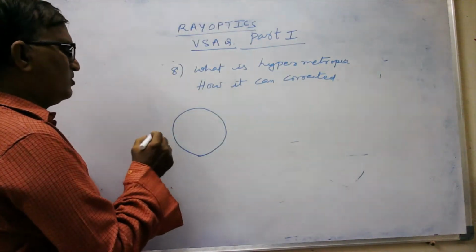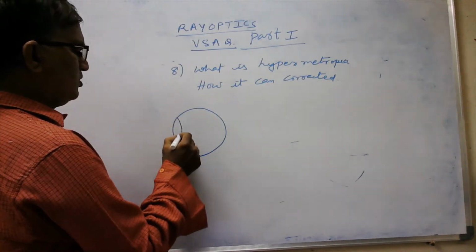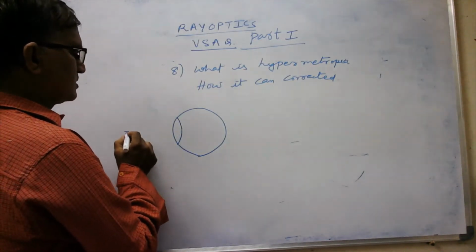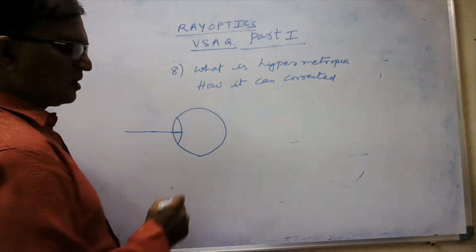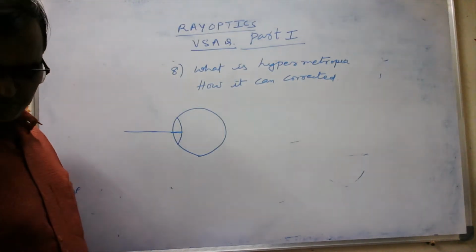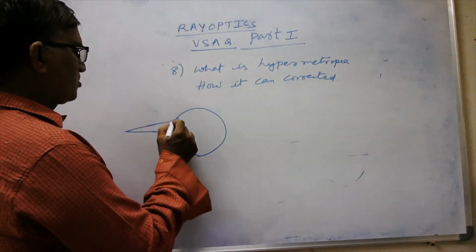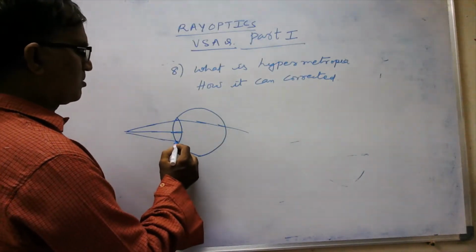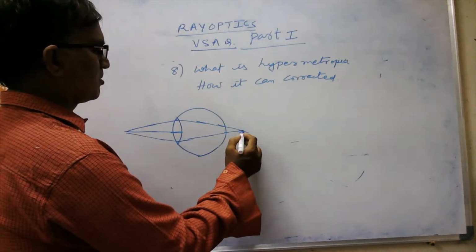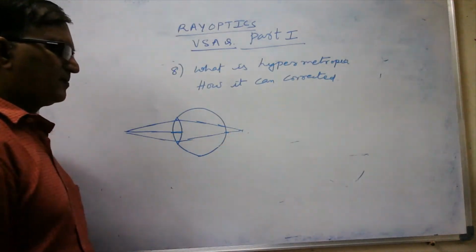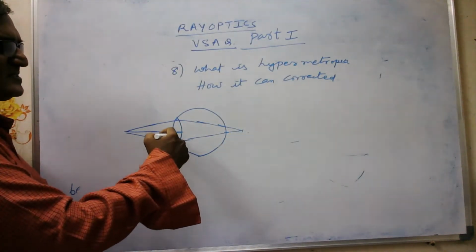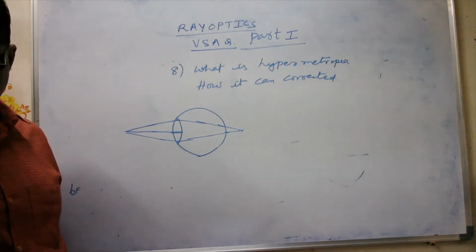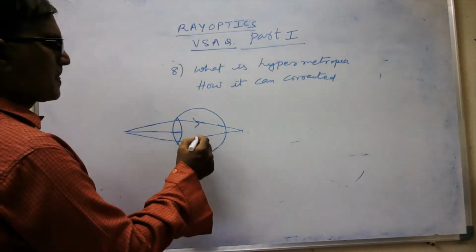Now here, like this, the image is formed behind the retina. Unlike the previous case, here it is behind the retina. This part is the retina.